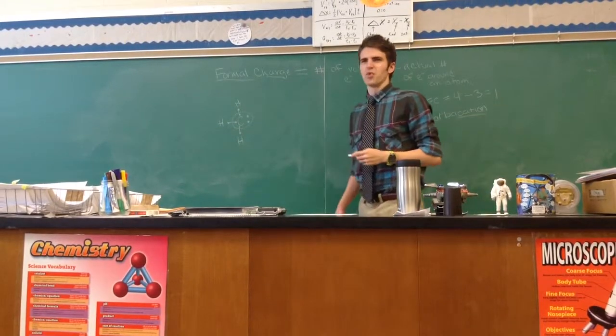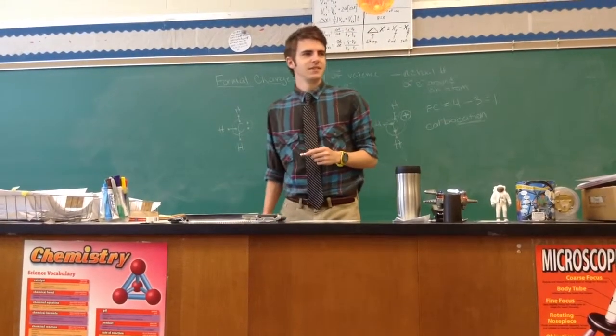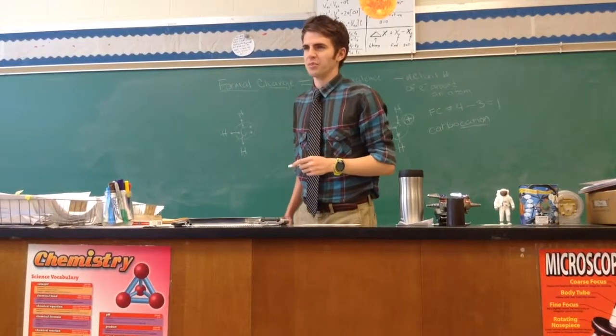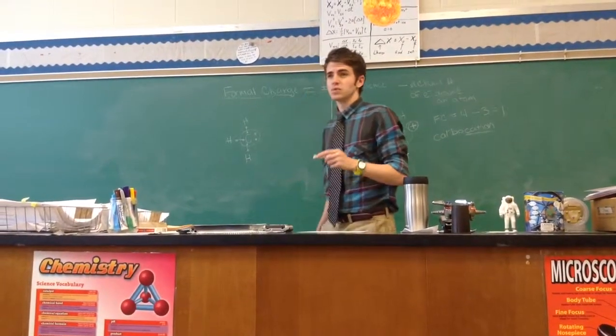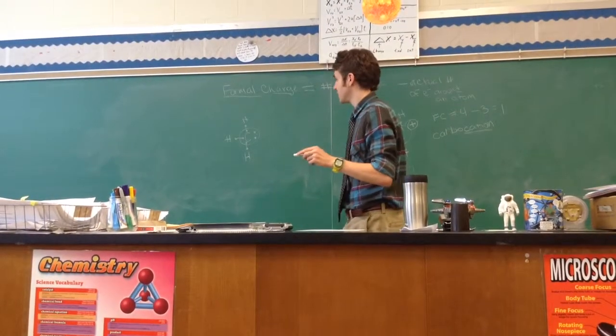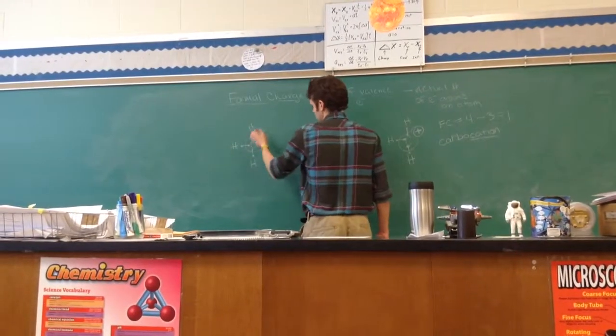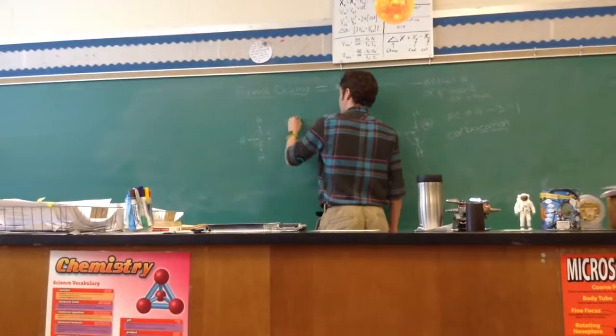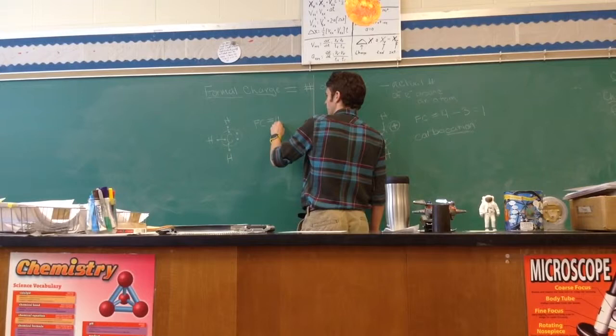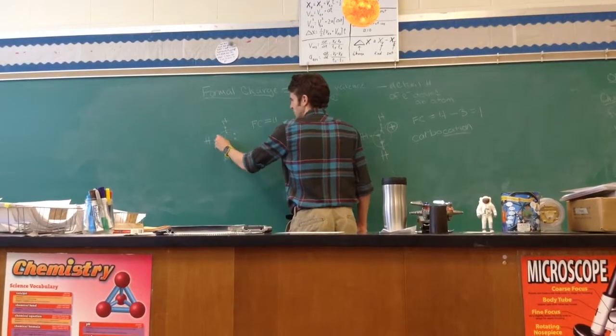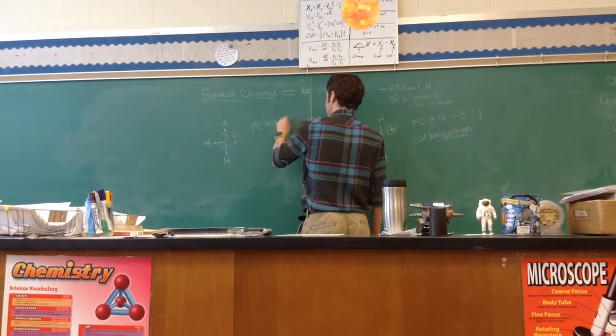What would our formal charge be in this molecule around carbon? What's that? -2. Well, -1. So carbon, 4 valence electrons minus 1, 2, 3, 4, 5.